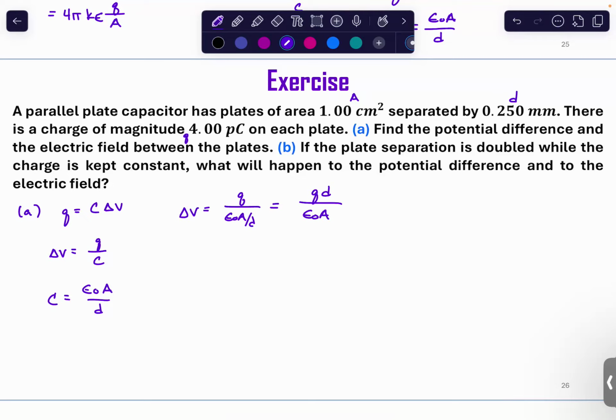Now, like I said, you could go ahead and do this in terms of 4 pi k, and just look up your Coulomb's constant if you wanted to.